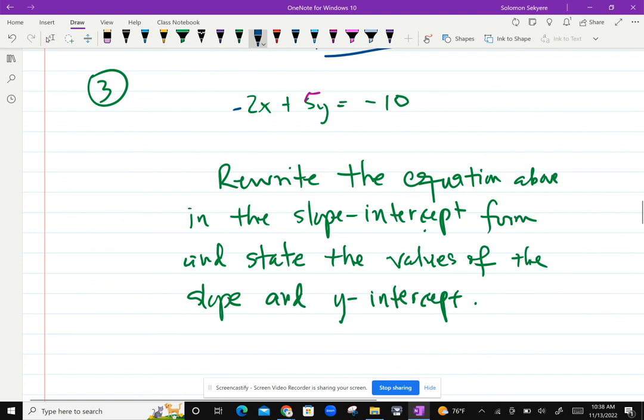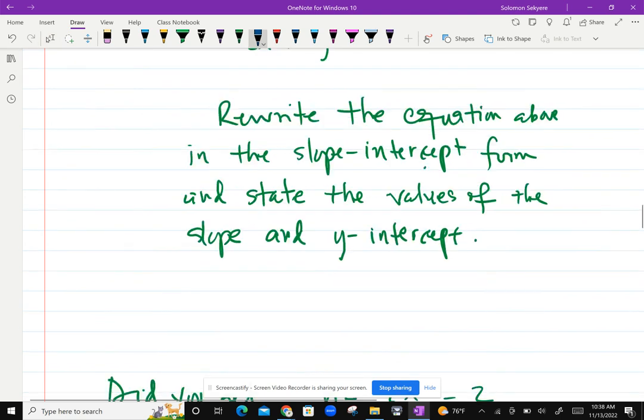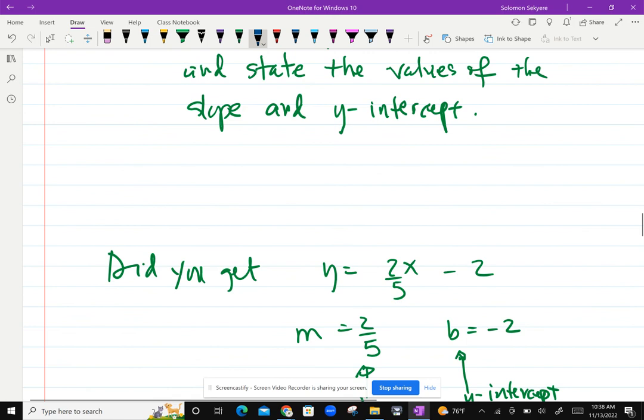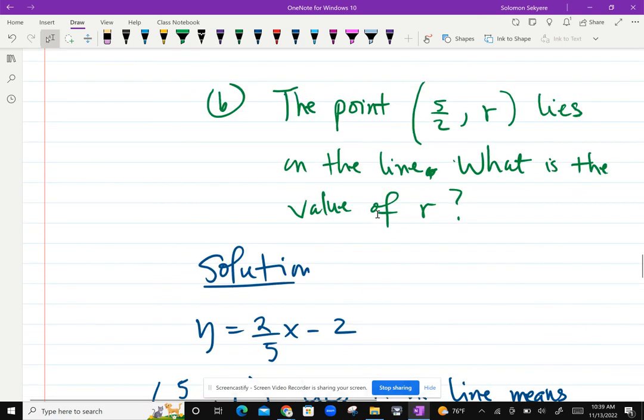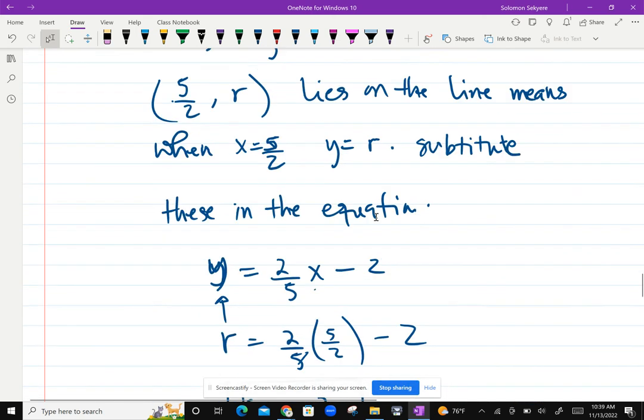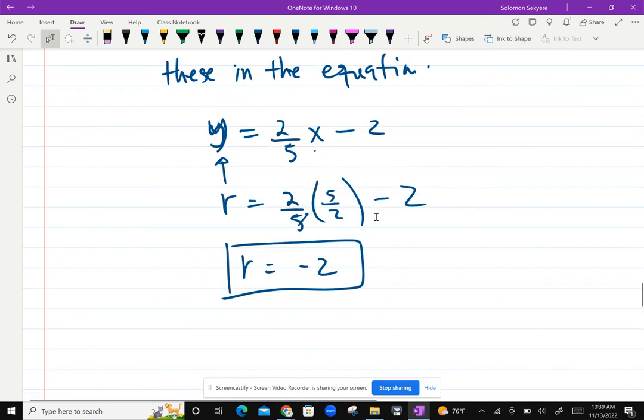It's negative 2x. So what did you get? Did you get this? This point lies on it. What is the value of r? What do you do with it? Substitute, right? Put it in there. Did you get this?